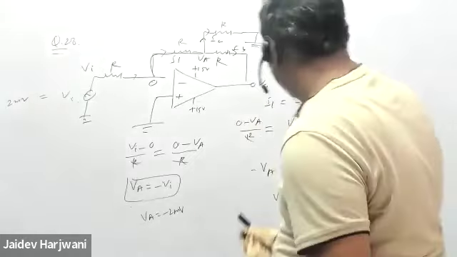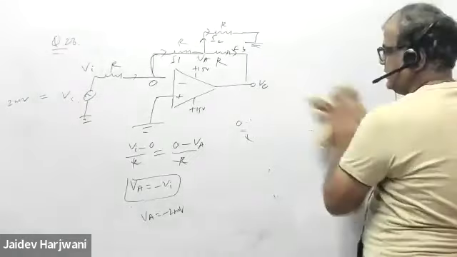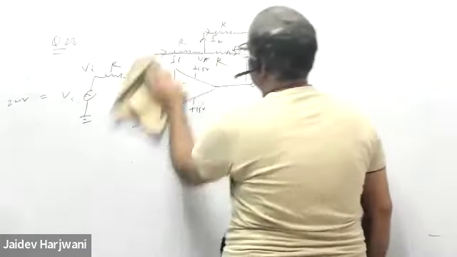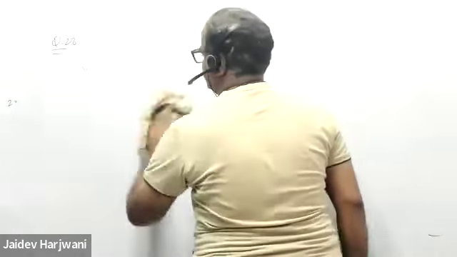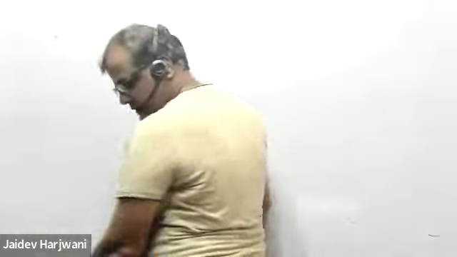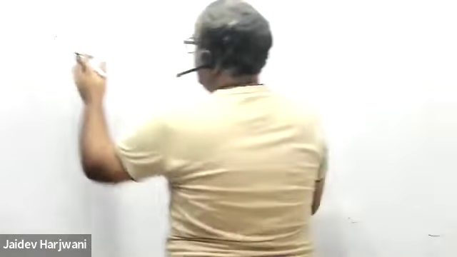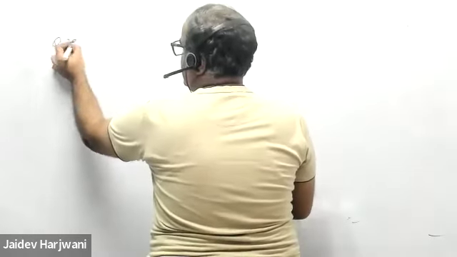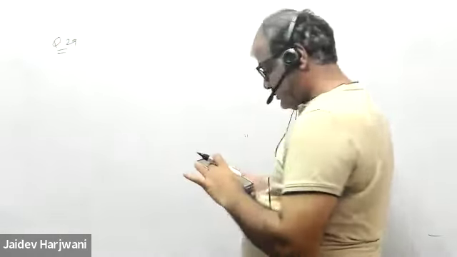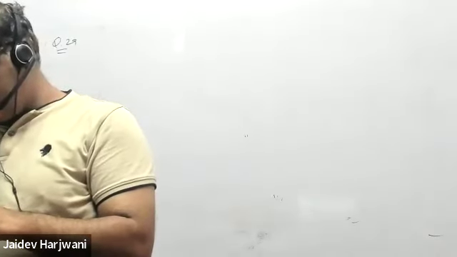Question number 29. Analyze the ideal op-amp circuit in the figure. Which one of the following statements is true about the output voltage V out when terminal C is connected to point A and then to point B?